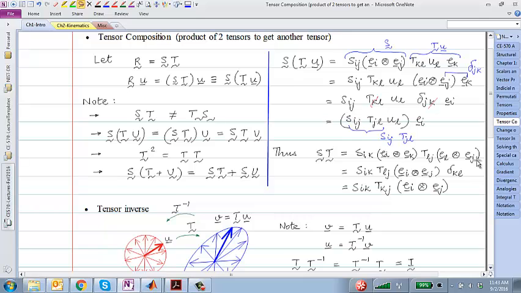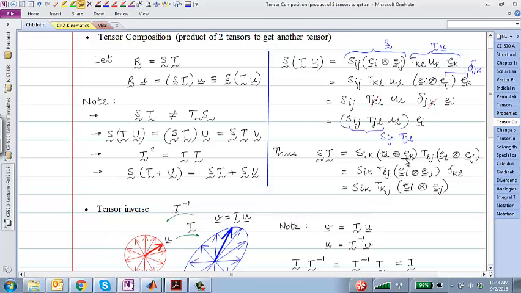Why? Because there are 9 components in S, 9 components in T, 9 times 9 is 81 terms, which is basically what you'd be doing if you were multiplying two 3 cross 3 matrices, right? So indeed, if we write all of that matrix times a matrix operation, you are doing multiplication 81 times.